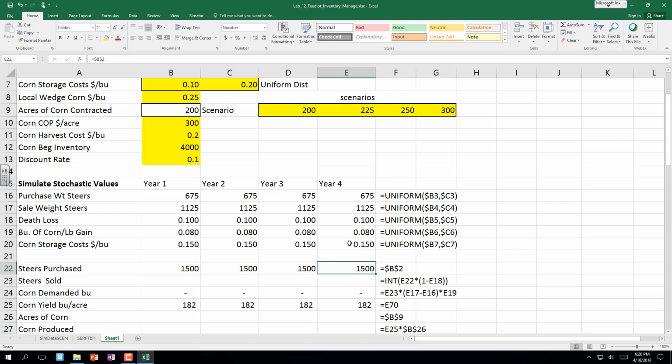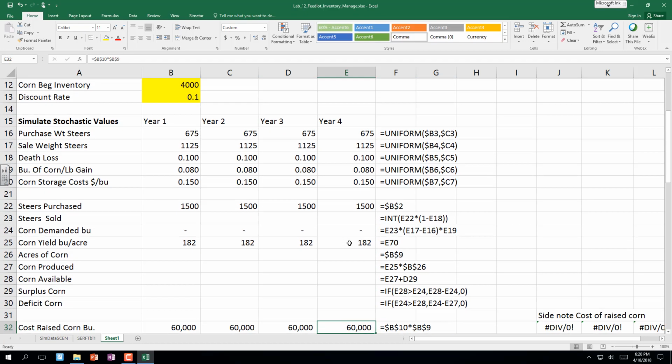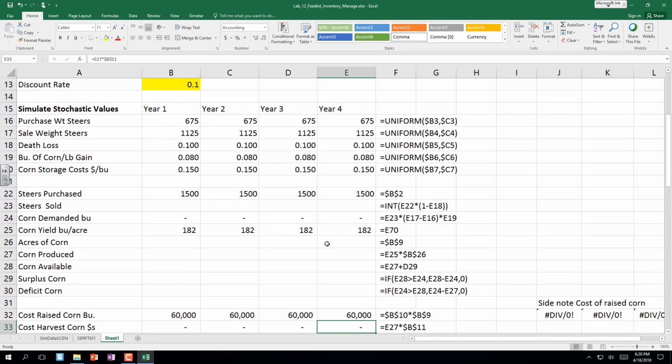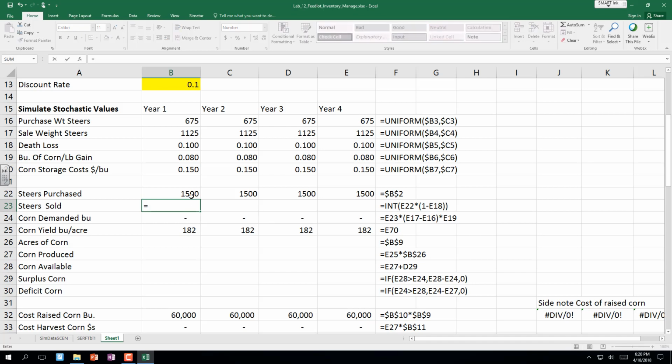So, that's what we start with. We bought 1,500 head. Some of them died. So we need to calculate our number that we would sell. So that's going to equal our 1,500 minus, well, it's 1,500 times references 1 minus the death loss.